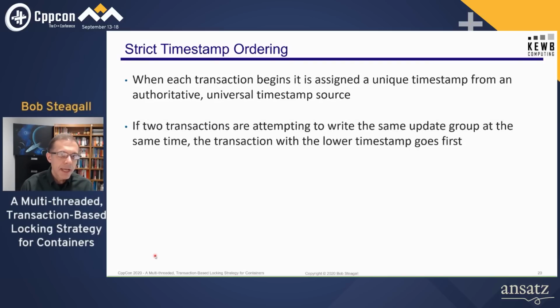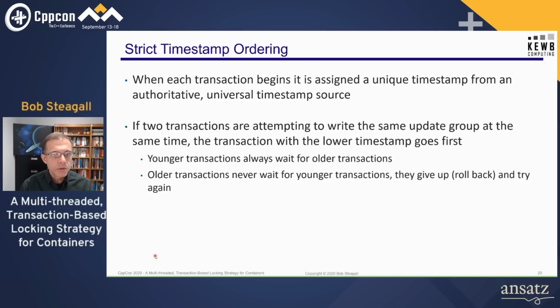Now, if two transactions are trying to update or write to the same update group at the same time, the principle is the transaction with the lower timestamp, the older transaction, goes first. Younger transactions always wait for their elders, and older transactions never wait for younger transactions. Instead, they roll back, they give up, and they try again.